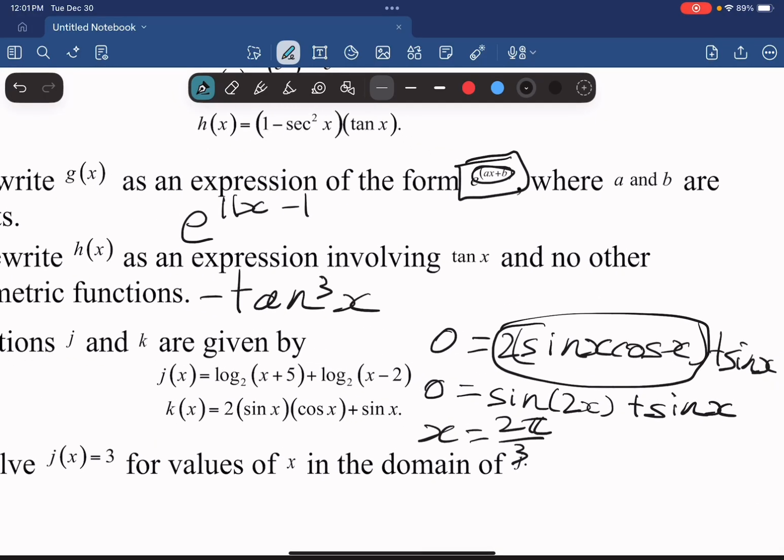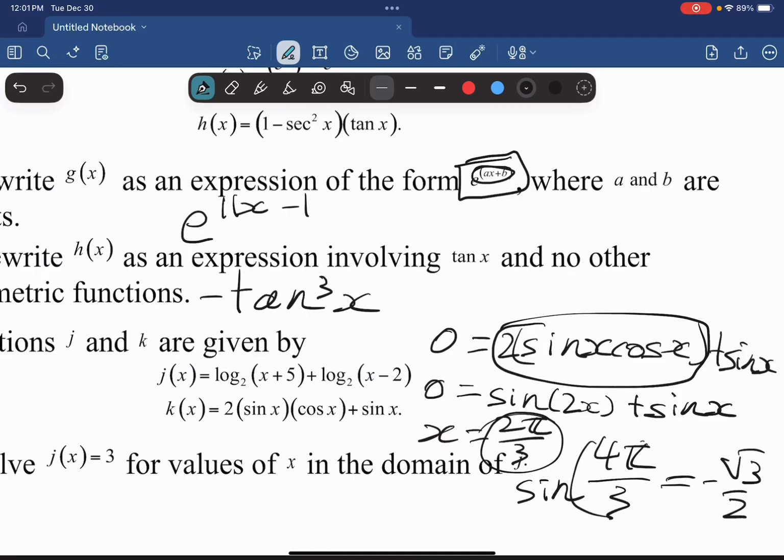But basically, sine of 2x. So when you multiply this by 2, 4 pi over 3, you should get sine of 4 pi over 3 is negative root 3 over 2. Yeah, negative root 3 over 2 when you sine this, right?